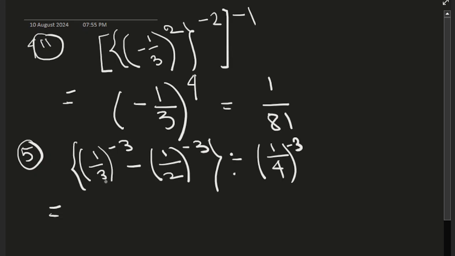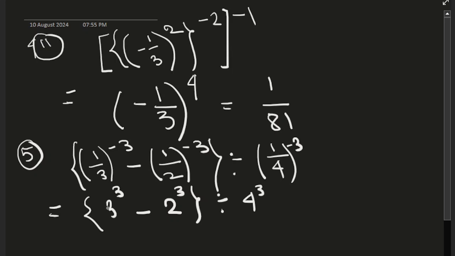Now, (1/3) to the power of minus 3 means 3 to the power of 3. So it will become 3 to the power of 3 minus 2 to the power of 3, divided by 4 to the power of 3. Why? 1 by 3 becomes 3, 1 by 2 becomes 2, 1 by 4 becomes 4, because of the minus in the power. When in the power negative is there, then we have to make the base reciprocal.